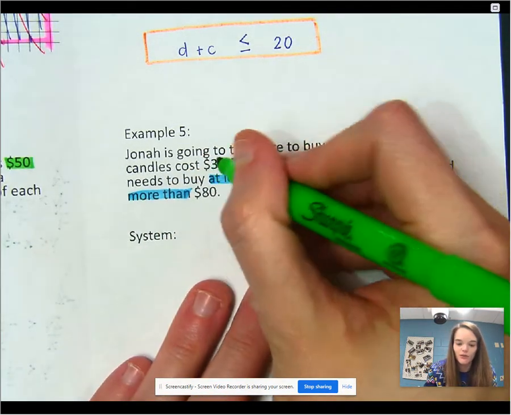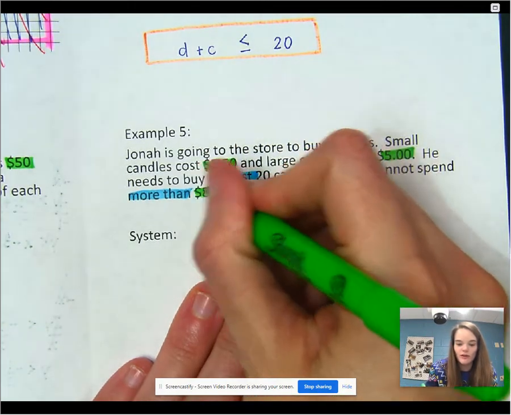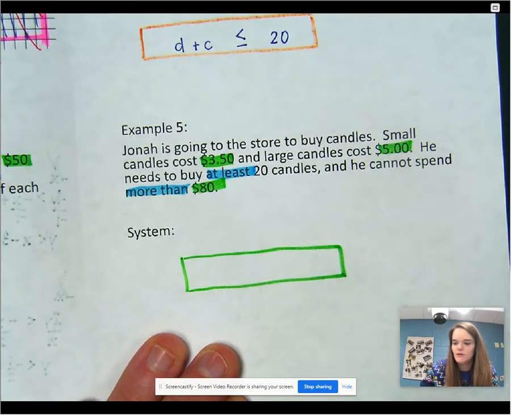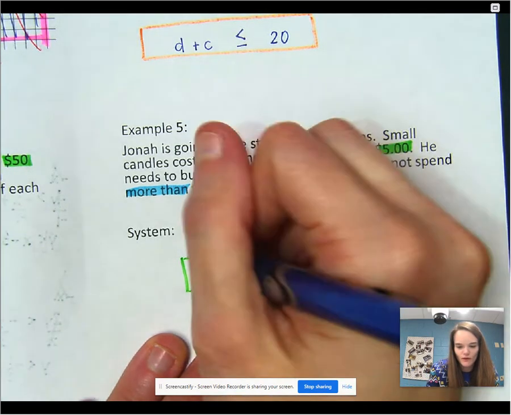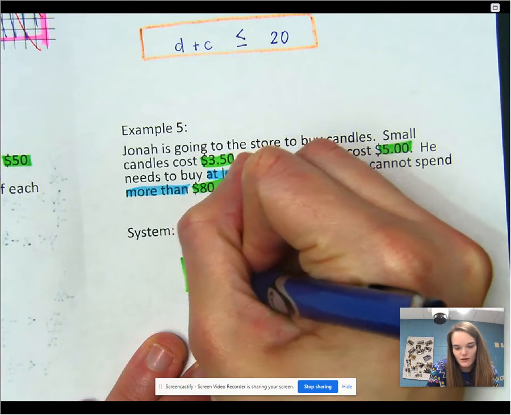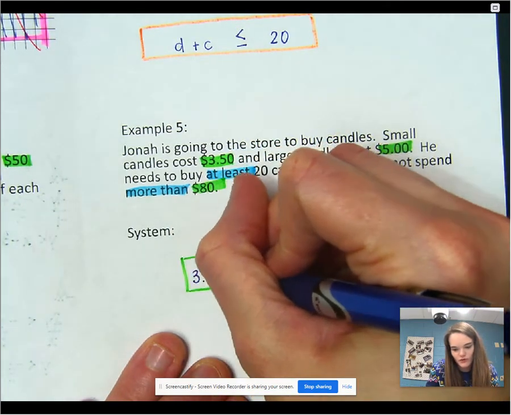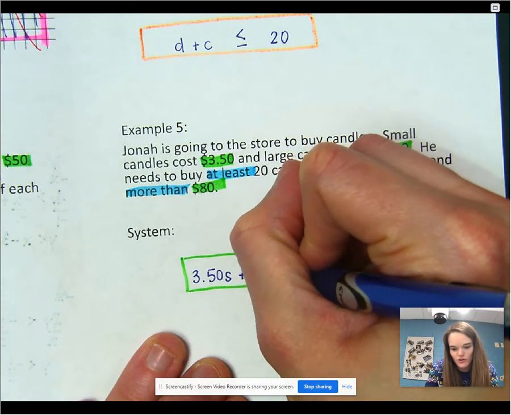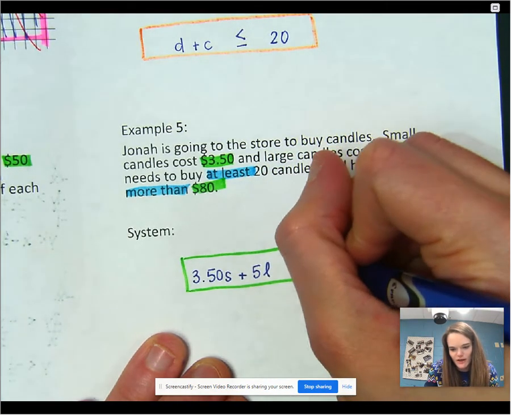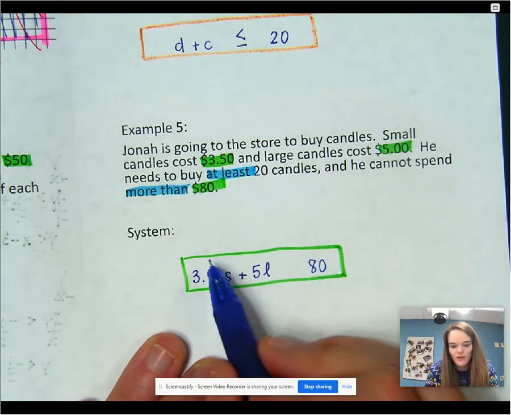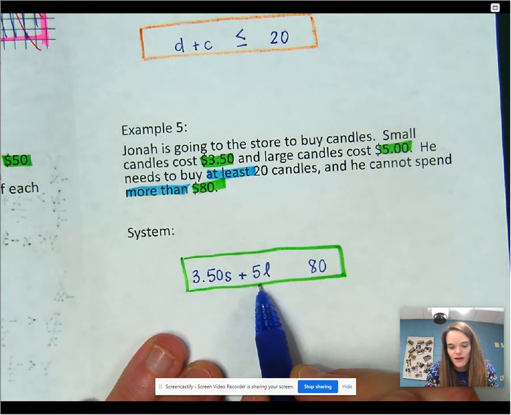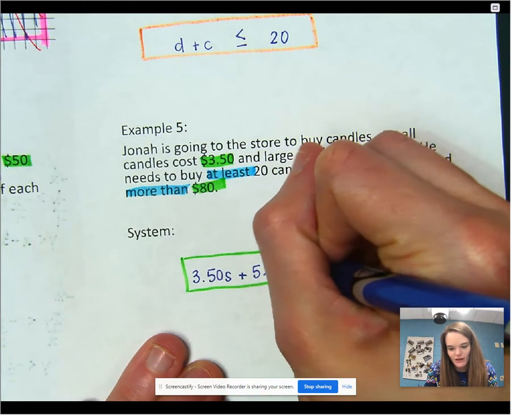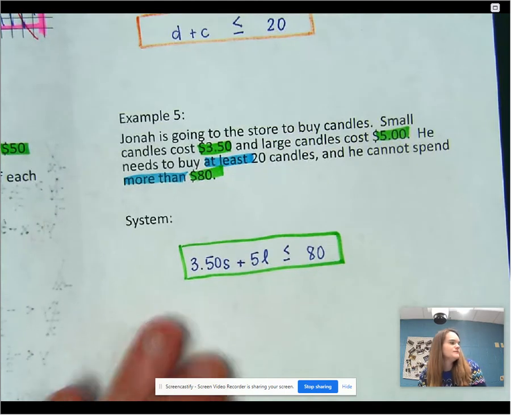So money, money, money. $3.50, $5, $80. $3.50 for small candles plus $5 for large candles, and you have $80. This is the total you're paying. He cannot spend more than 80. That means this total needs to be less than or equal to 80.